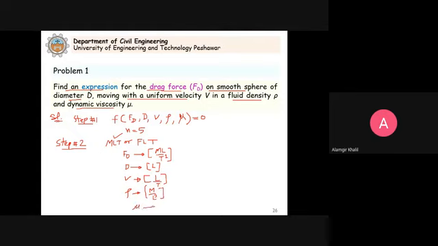Its dimensions are M divided by L T. So now you can see that M, L, and T are involved. It means all three fundamental dimensions are present: M is present, L is present, T is present. So that's why m is equal to 3.